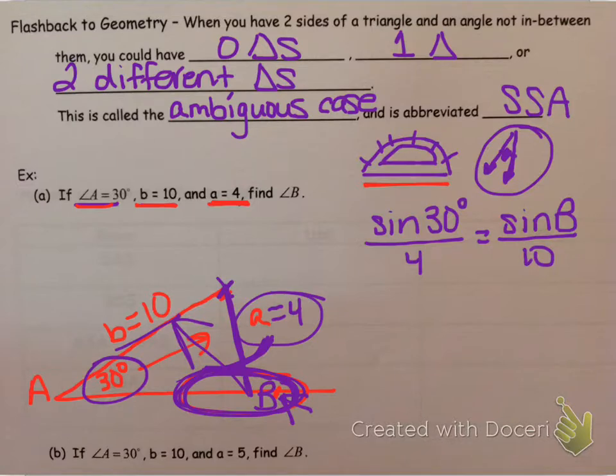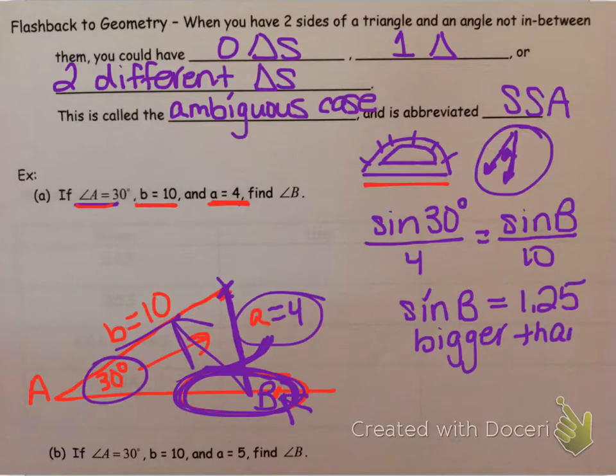The problem you would run into is that when you cross multiply and divide, you figure out that sine of B is 1.25, or 5/4, which means that sine value is bigger than 1. And that can't happen. You don't get an answer when your sine value is bigger than 1. So that has just told us what we had already determined: angle B doesn't exist, which means there are 0 triangles that could be made with the given information.